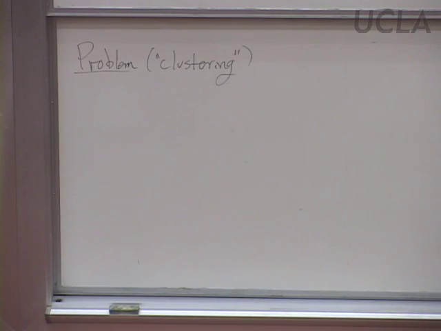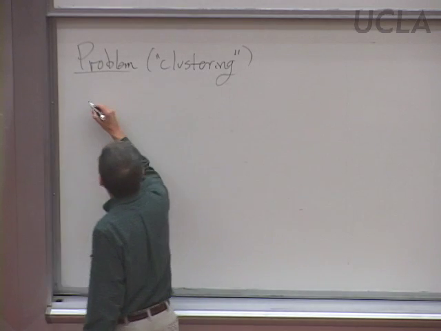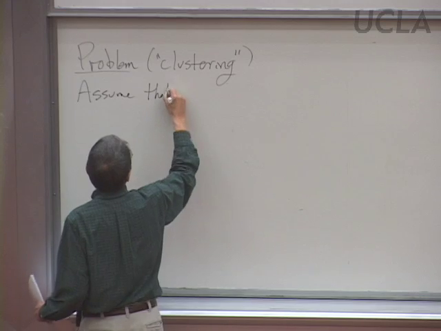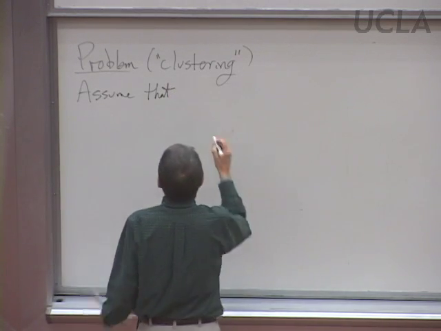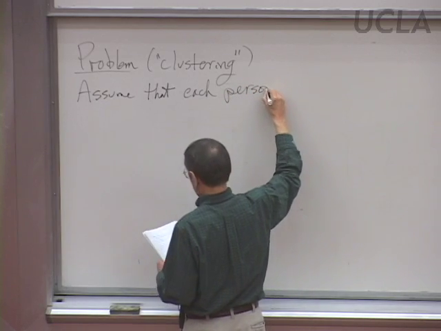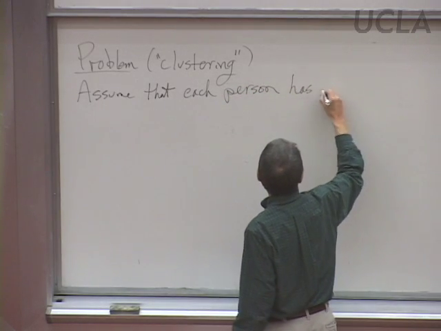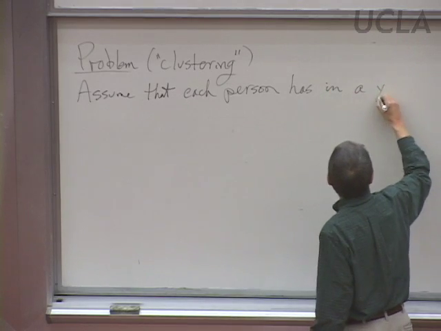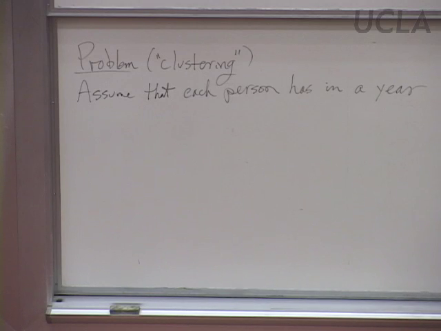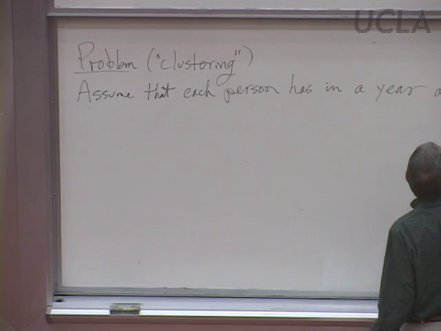Let's assume that each person in some population has, over a year's time, some chance of developing basal cell carcinoma, say 1 in 400.